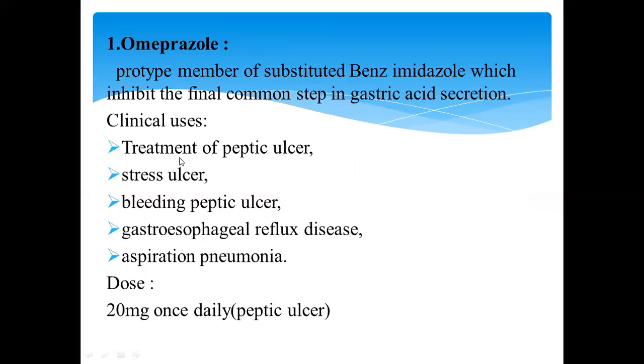Clinical uses: treatment of peptic ulcer, stress ulcer, bleeding peptic ulcer and gastroesophageal reflux disease, plus aspiration pneumonia. Dose: 20 mg once daily in peptic ulcer. The S enantiomer is slightly more active than its R enantiomer.